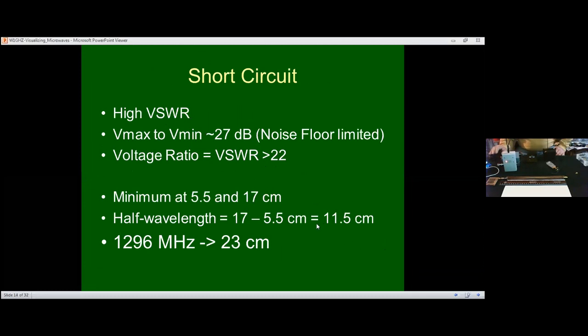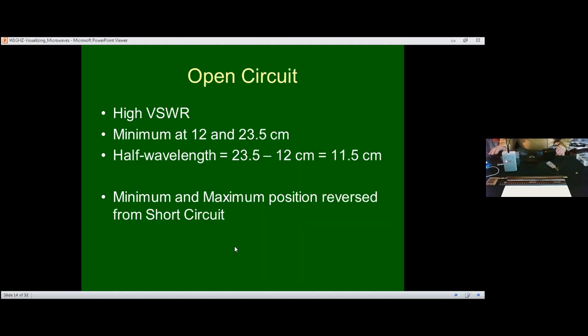And a half wavelength, though you couldn't see the ruler well, we saw nulls at 17 and 5.5. That was 11.5 centimeters as a half wavelength. So that's 23 centimeters. Good. And back in the good old days, that's how you measured frequency, and sometimes you're even in the band.